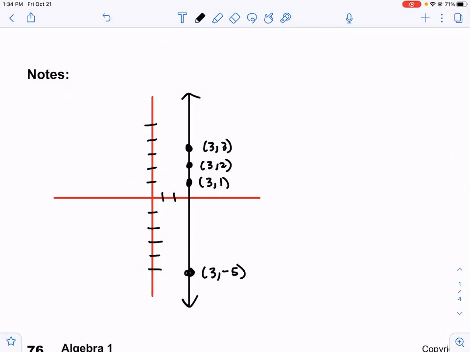Interesting. I notice they're on the same line. The x coordinate stayed the same. They all have the same x. No matter what coordinate I pick out, the x coordinate is going to be 3. This is the equation of the line x equals 3.